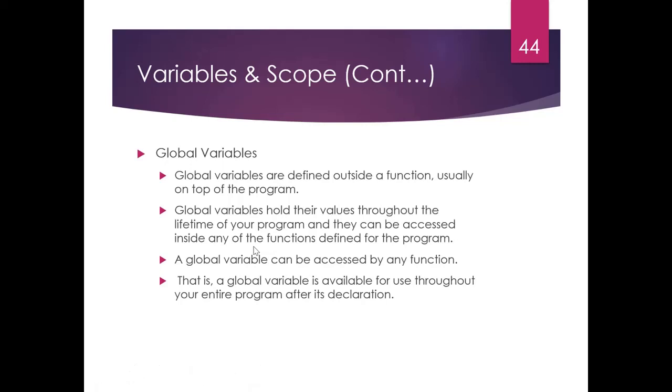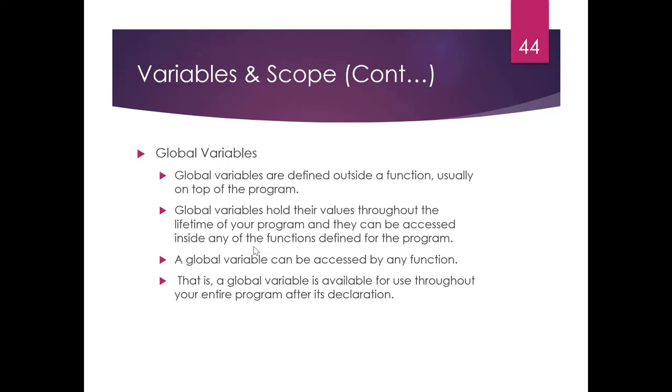The next variable type is the global variable. Global variables are defined outside of a function, usually at the top of the program. Global variables hold their values throughout the lifetime of your program, and they can be accessed inside any of the functions defined for the program. A global variable can be accessed by any function.